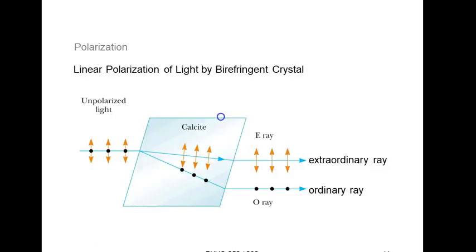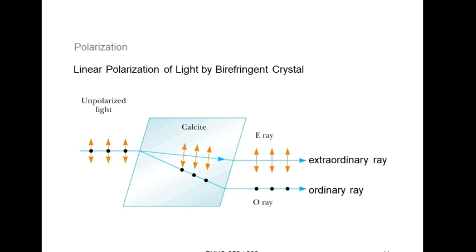And if the electric field is parallel to that axis, there is one value of index. If the electric field is perpendicular to that axis, then the other value of index is the one that's important. And this birefringence arises because, in a crystalline solid, the orientation of the atoms in the so-called crystal lattice is why you have this formation of this optic axis.